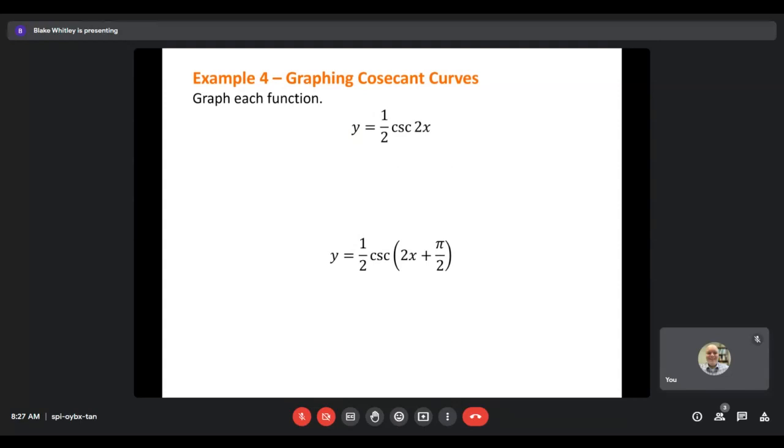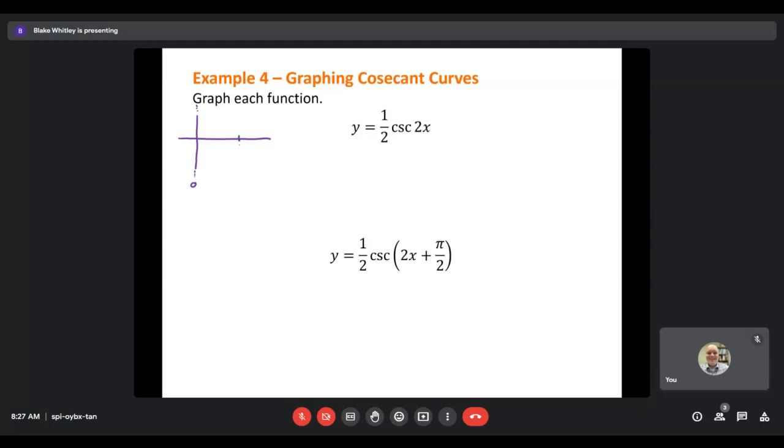Okay, so let's see if we can sketch these graphs. So again, first thing we need to do is think about our parent function. So I'm going to sketch the graph of cosecant. Now remember, our cosecant graph, we had an asymptote at 0.